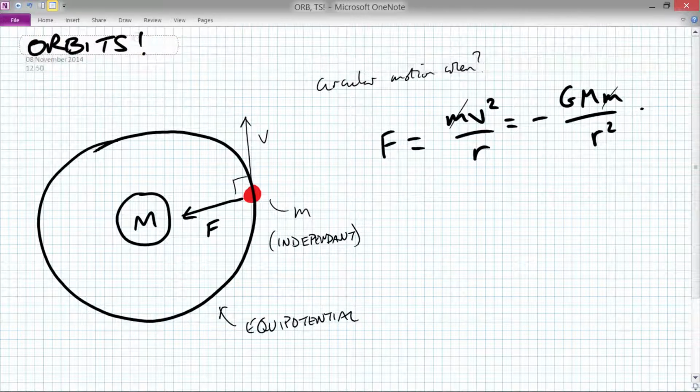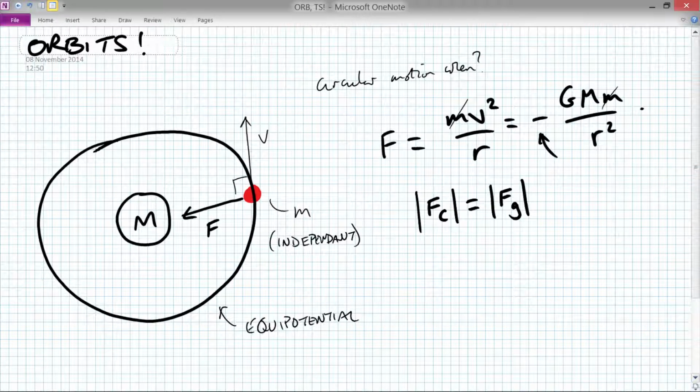Another thing we can do is rearrange this to get our velocity squared. The first thing I'm going to do is say that my F centripetal is equal to my F due to gravity, but I'm going to look at the magnitudes of those forces, because I want to get rid of this negative. Another argument for getting rid of this negative is Newton's third law, so there'll be equal and opposite forces.